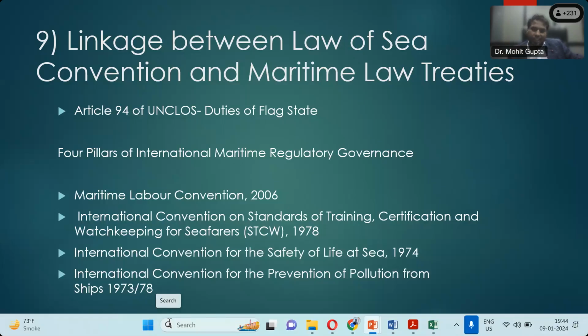For instance, if India has given a flag to a ship, then it is the responsibility of India to ensure that the working condition on the Indian ship is up to standard. Those detailed standards can be found in the Maritime Labour Convention. So the Law of the Sea Convention has just said that it is the duty of the flag state to ensure decent working conditions on their registered vessels.